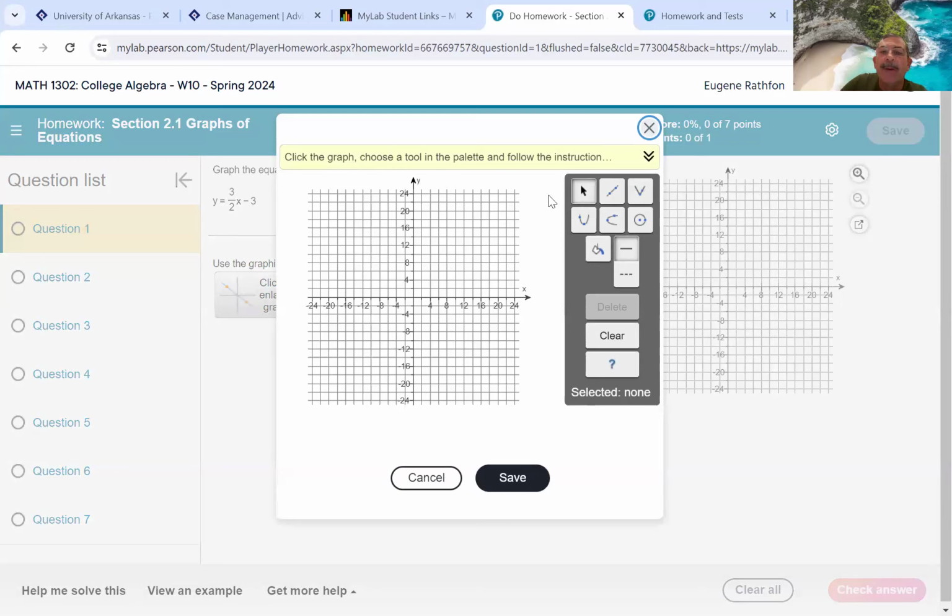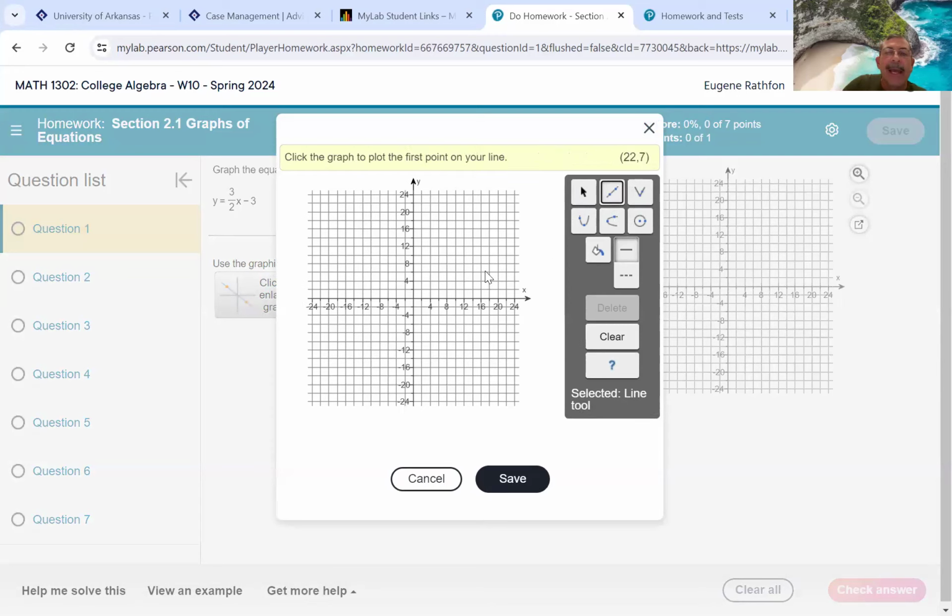So remember, we said we were doing a straight line. So the top right, the arrow is just a pointer, but I need this line tool. So I'm going to click the line tool, and then we got to plot our 2 points. So we had (0, -3). So start at 0 and then go down 3.